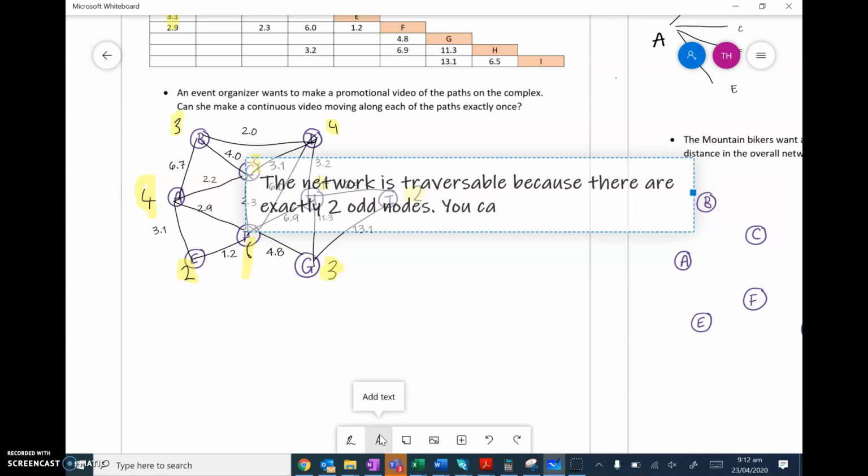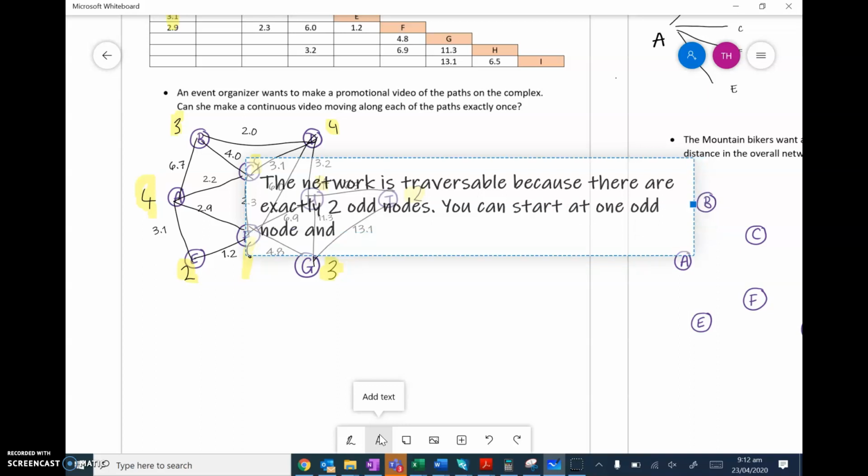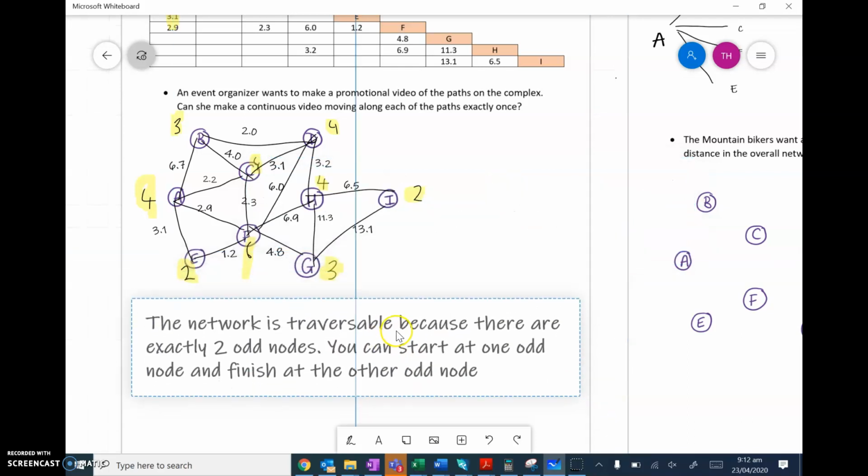You can start at one odd node and finish at the other odd node. So that's the first thing I'm going to write: that I know it's traversable, that it's because it has exactly 2 odd nodes, and that you can start at one odd node and finish at the other.